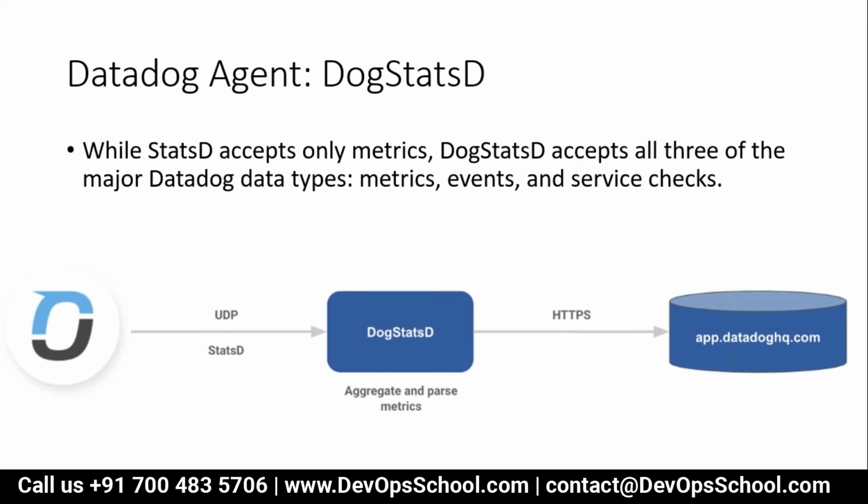The data can be aggregated. While StatsD accepts only metrics, mind it, StatsD accepts only metrics, DogStatsD accepts all three of the major Datadog data types: metrics, events, and service checks. So this is the DogStatsD.